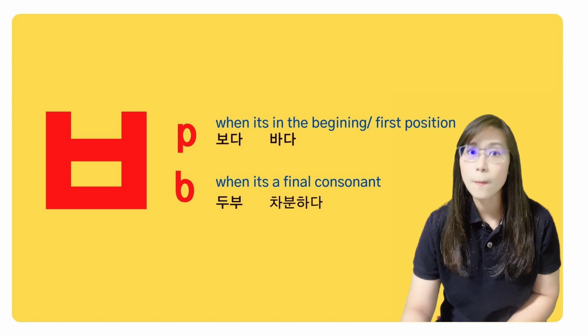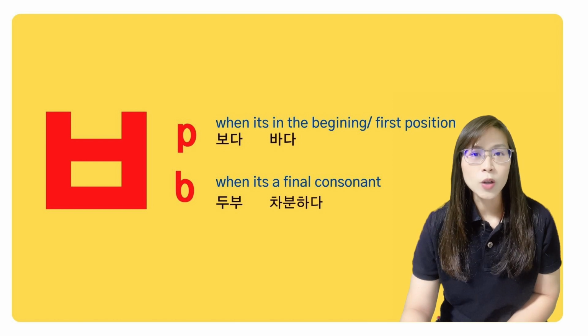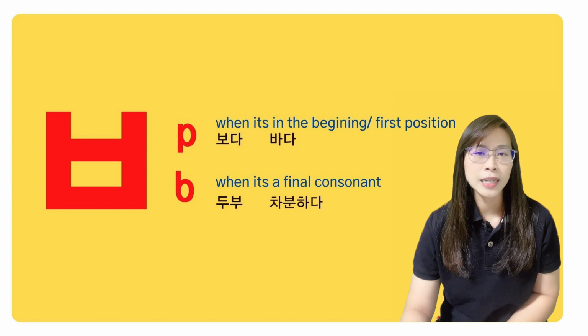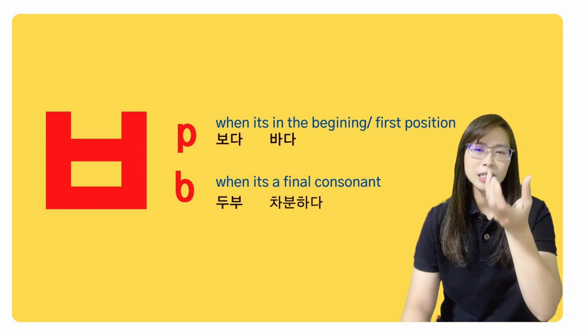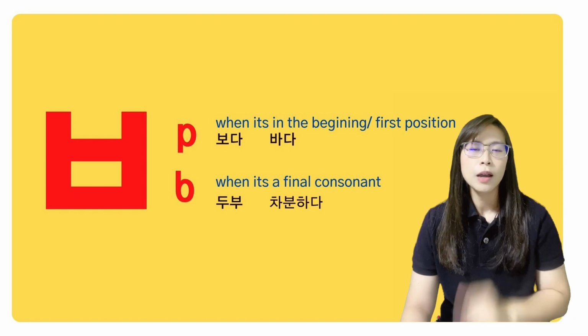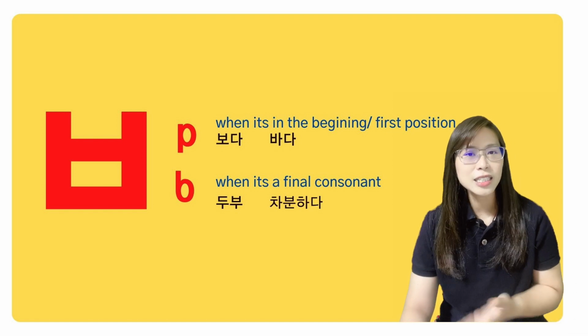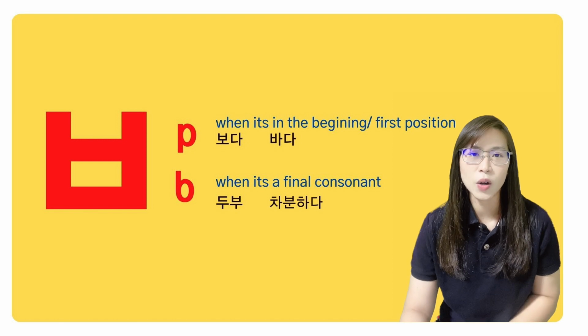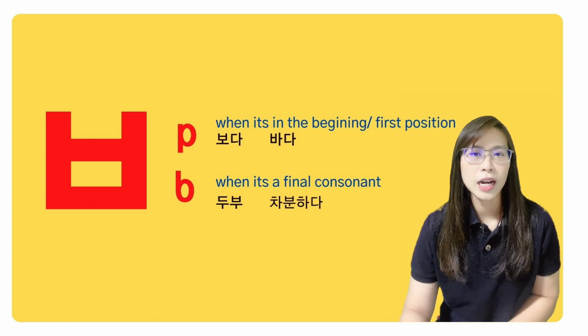It's not 보, but 포. Or 바다. P-A-D-A, right? 바다. So when the B is in the first character spacing, it sounds more like a P. However, if it's in the second character spacing or thereafter, it's pronounced more like a B.